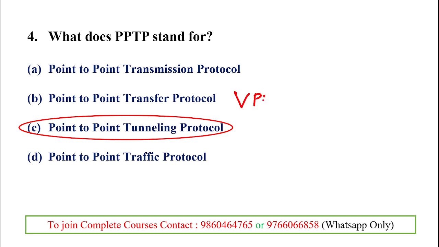So here the VPN works across TCP/IP based data networks. You should know what TCP/IP is. It's a protocol. The point-to-point tunneling protocol enables the secure transmission of data between a client and a private server.